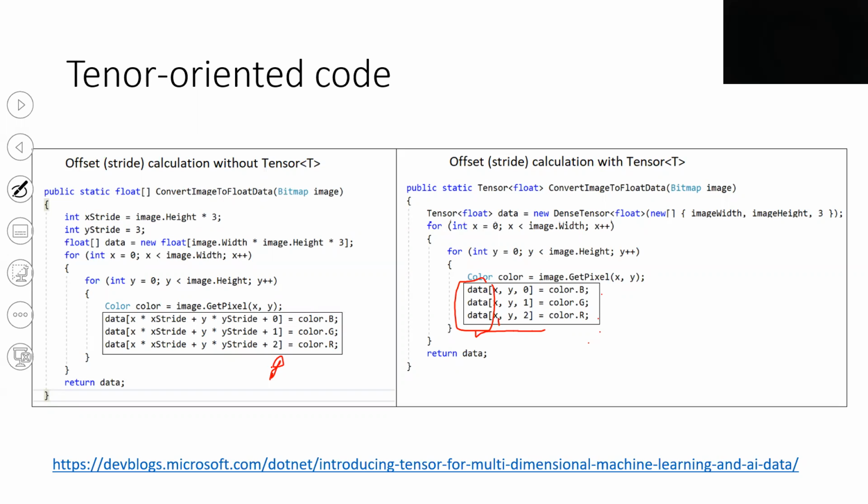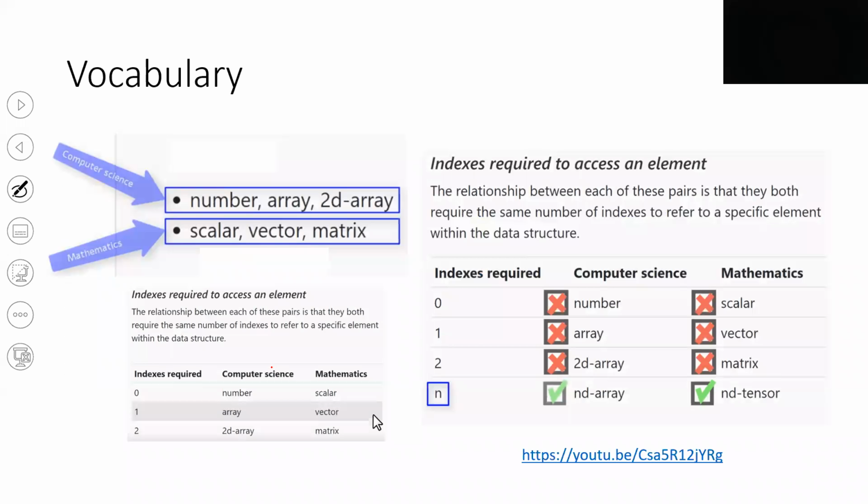So the way of writing the source code is different. As for vocabularies, in computer science people call it a number array or 2D array. In mathematics, you have scalar, vector, matrix, tensor, and these go up to the tensor levels. An n-dimensional tensor in computer science is called an n-dimensional array somehow.